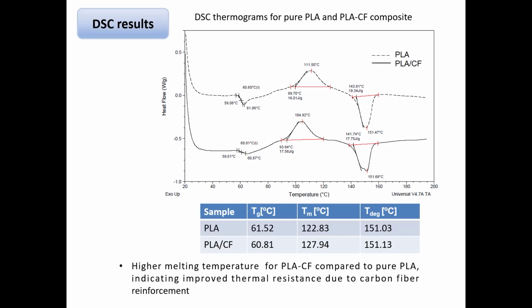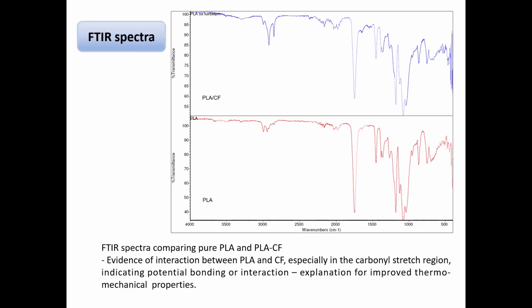That is very important. What happened with the material structure is one of the main conclusions about the purpose and how to use PLA carbon fiber in other applications. In this case, the spectra also compare pure PLA with PLA with carbon fiber particles.